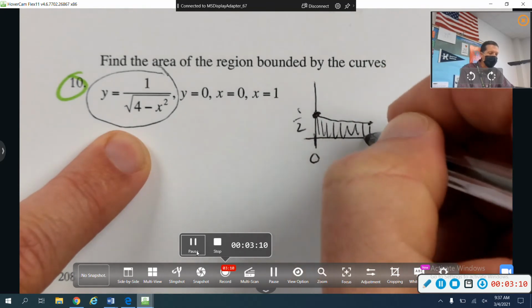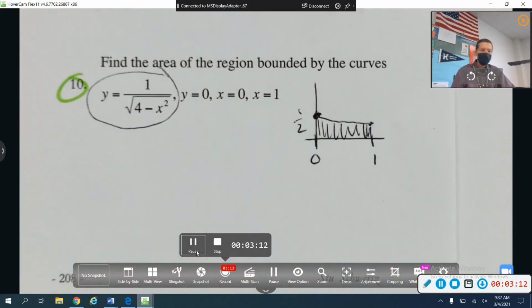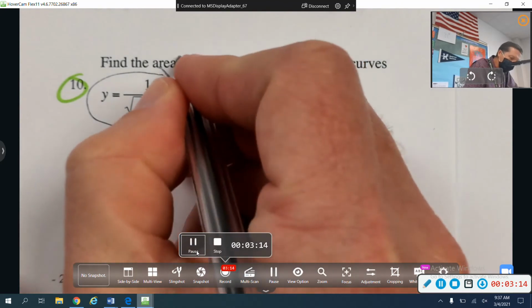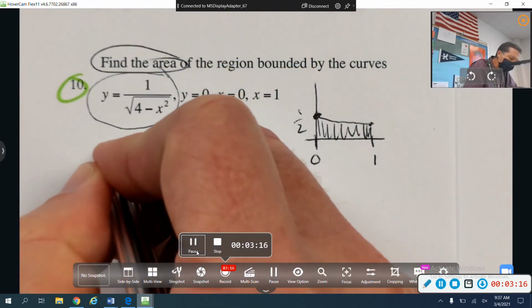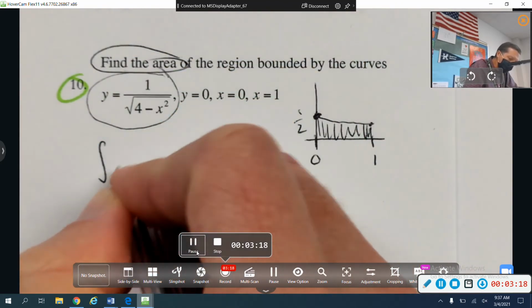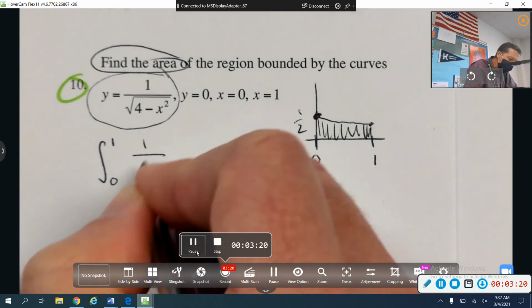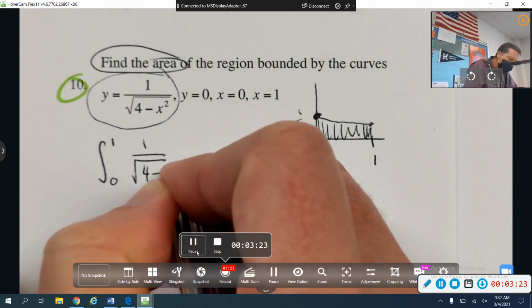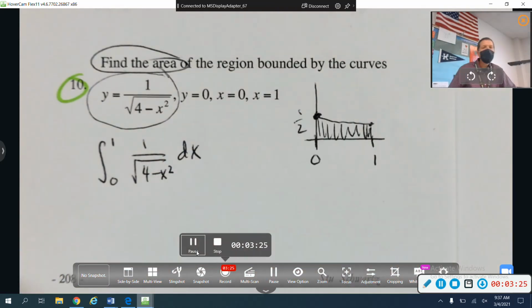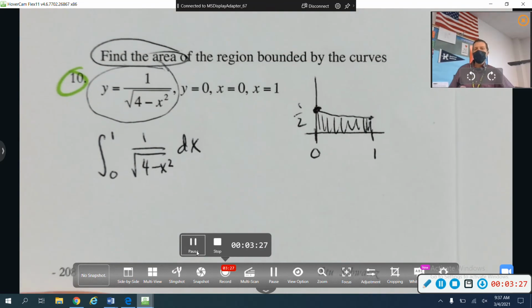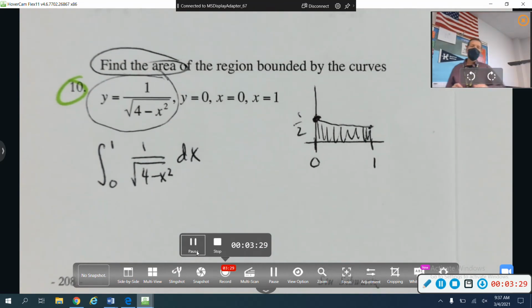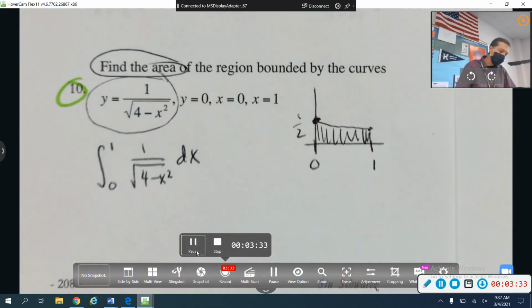I don't really need a picture, but that maybe reminds me that this is really just find the area means integrate from 0 to 1 of that function, and that will tell me the area under the curve. Even if I have no idea what the graph looks like, I'm just trying to get a visual.